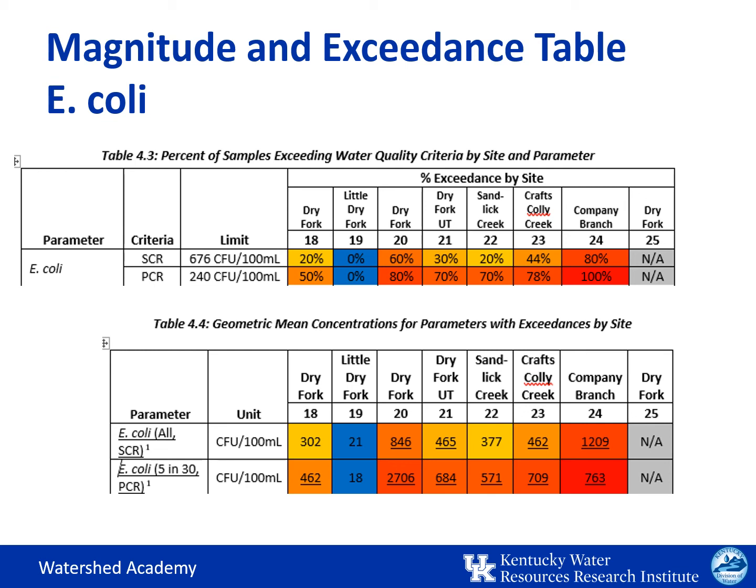These are also color coded, and the color coding is shown also with the geometric mean concentrations. In this case, the bottom graph shows those geometric means, underlining the site if the geometric mean exceeds the threshold. So using these in conjunction, you can pretty quickly see what are some of the sites with the largest impacts.